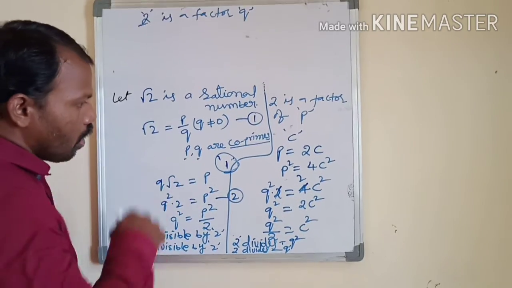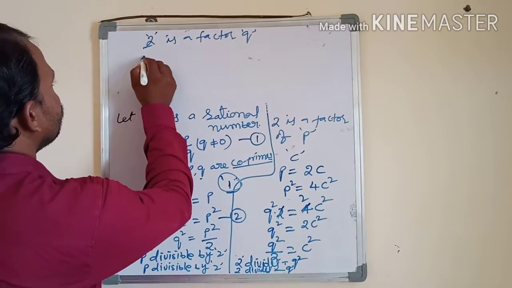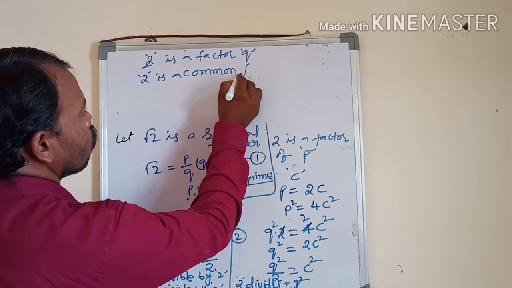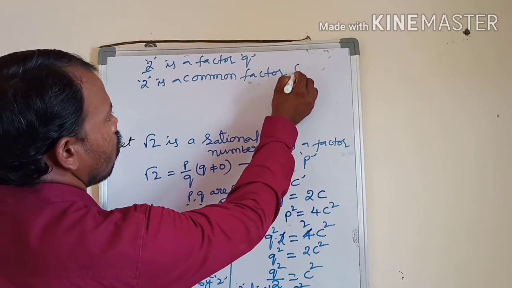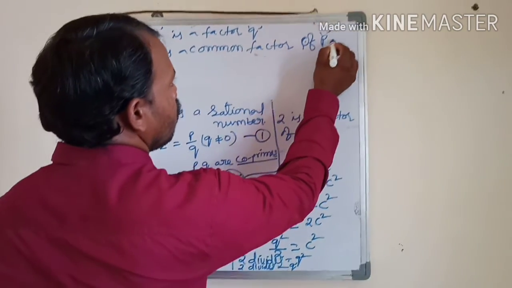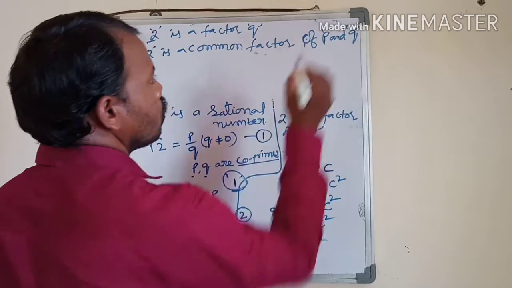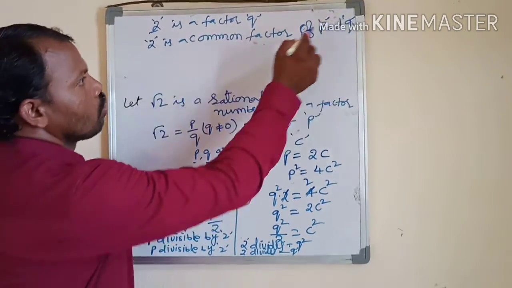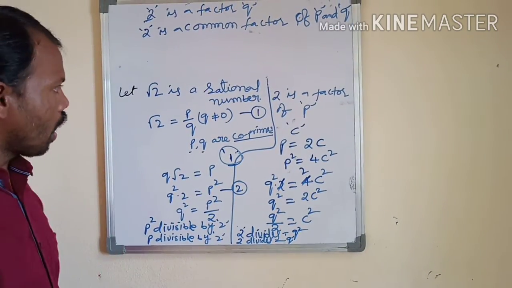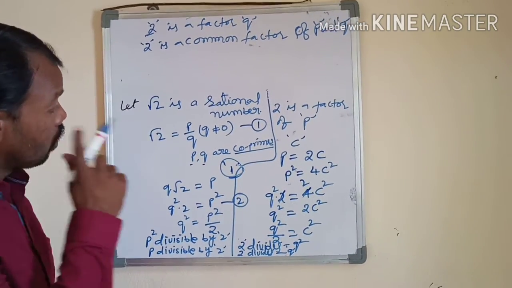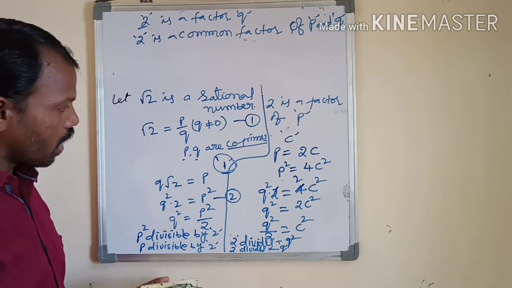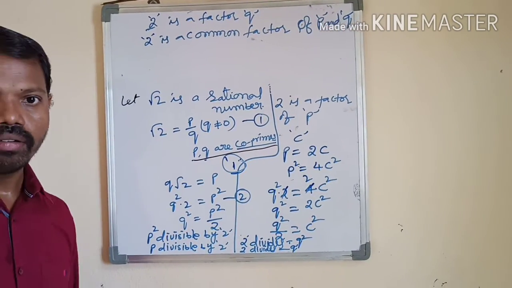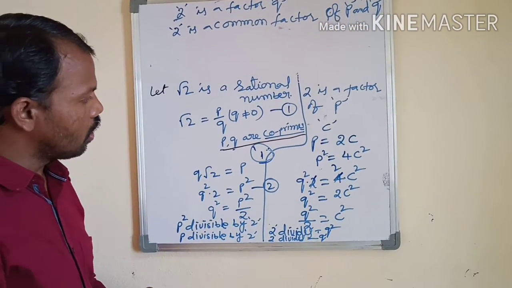So why are we getting this? 2 is a common factor of P and Q. So we are getting one more factor other than 1 for P and Q. But actually what we assumed here is that P and Q are co-primes. Co-prime means we should not have any factor other than 1.